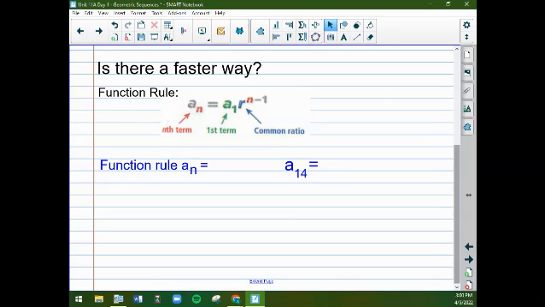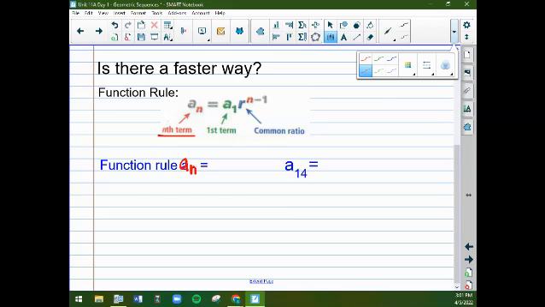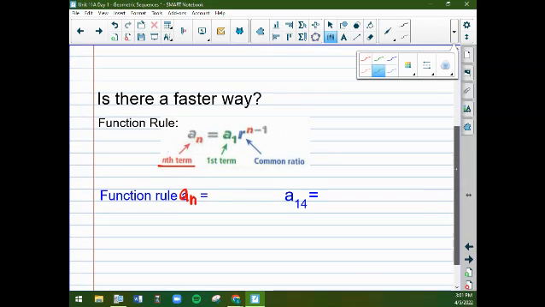So the function rule, aₙ, okay, this is like generic for any term number n, right? I've got my aₙ, where n represents some term number, okay? And then that's equal to my first term, and let's write the function rule for this example.